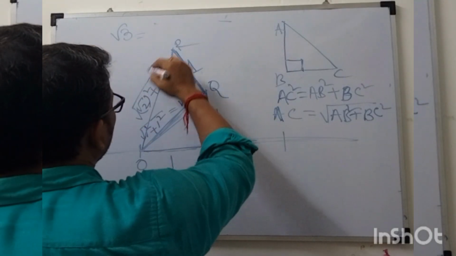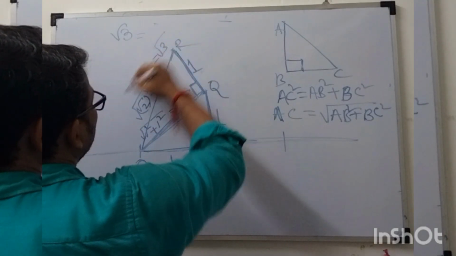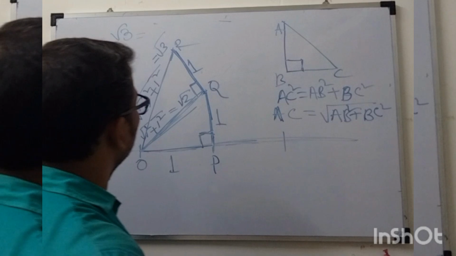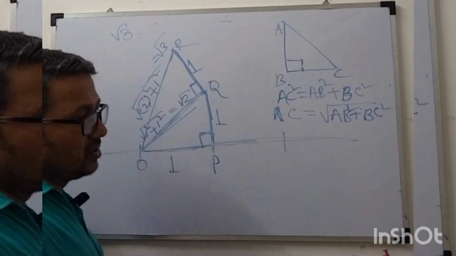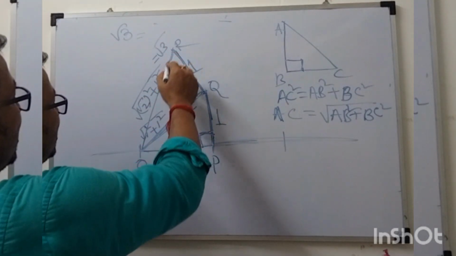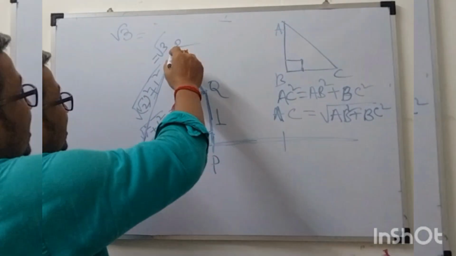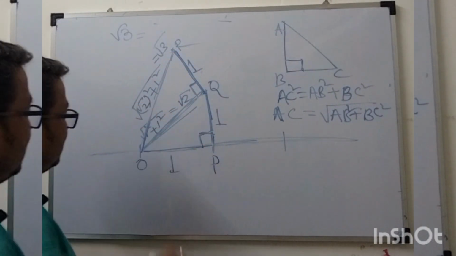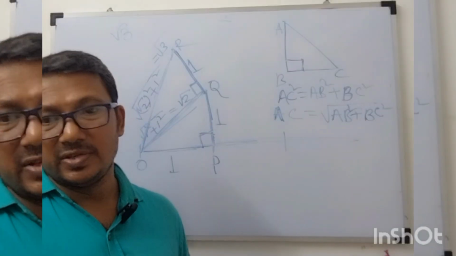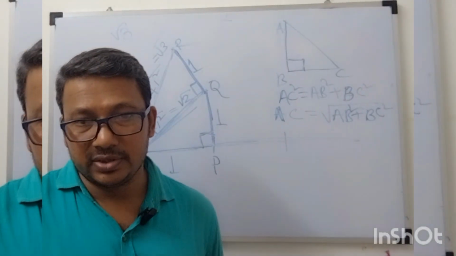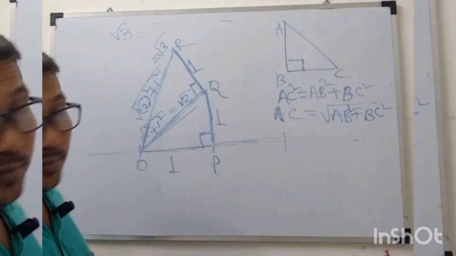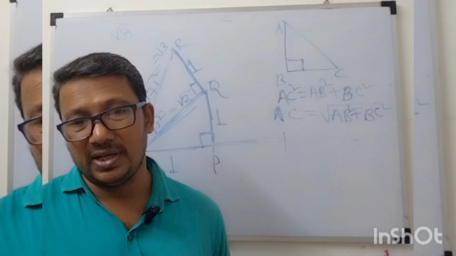Root 2 square is equal to 2 and 1 square is equal to 1. That is, OR is equal to root 3. So this is the line which is measuring root 3. Now we have to put root 3 on the number line.